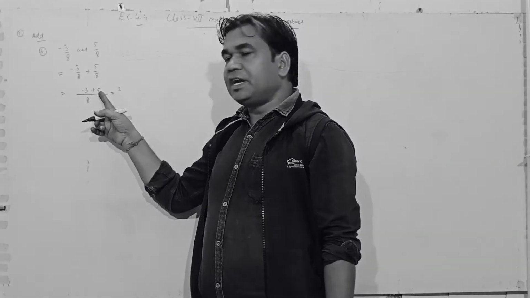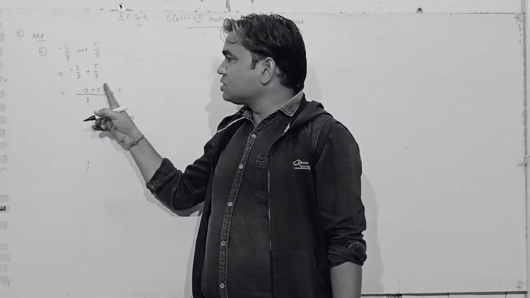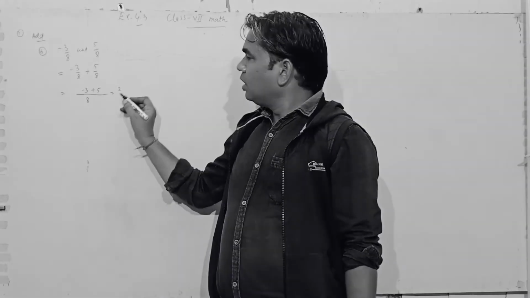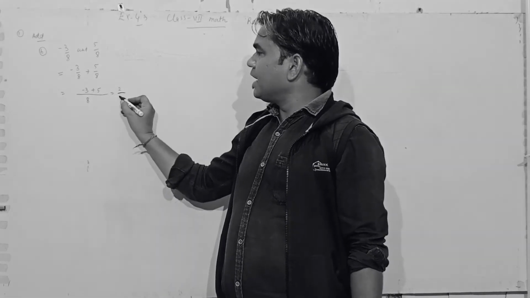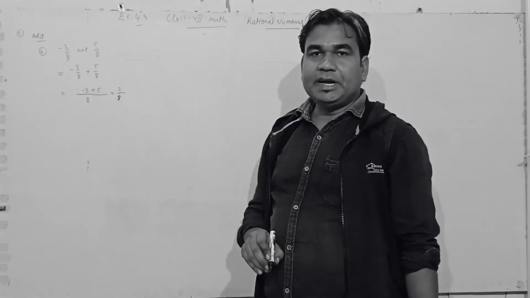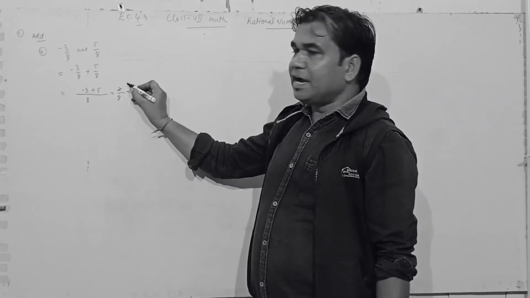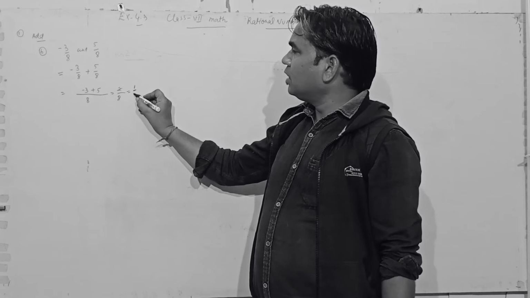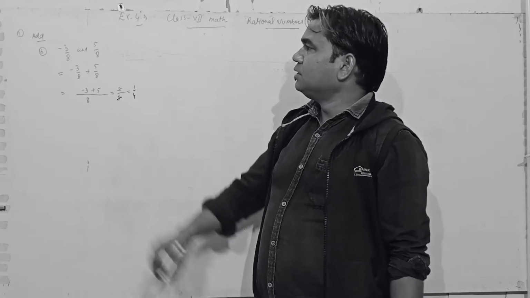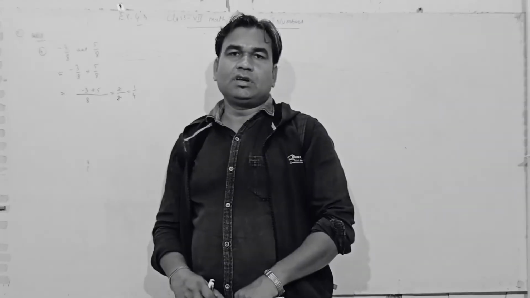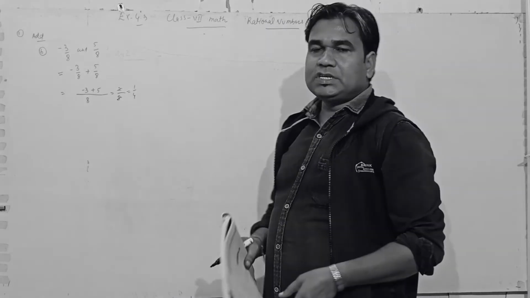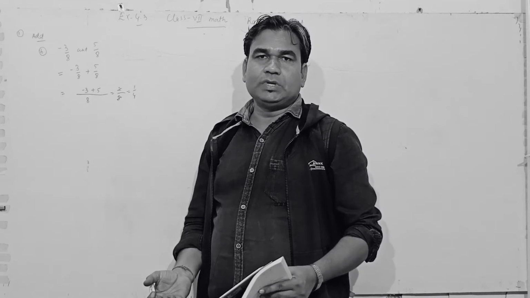The greatest number is 5, so the sign should be plus, and after that we write the denominator. Then we can divide by 2: 1 and 2 4s are 8. So this is the solution of question number 1 B part, and in the same manner you can do the rest, students.